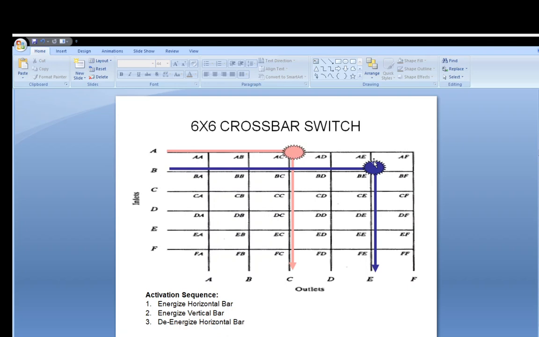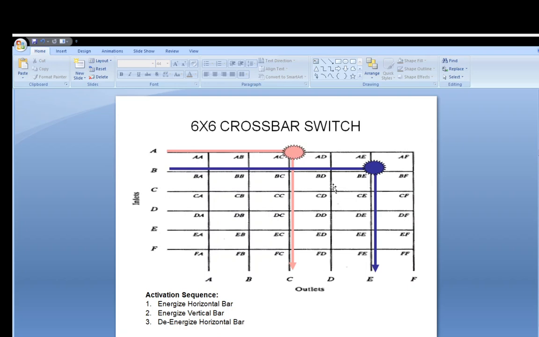Now, to overcome this problem, it was decided that first of all, the horizontal line or bar should be energized first, and then the vertical bar should be energized, and only this sequence will be considered to connect a switch.